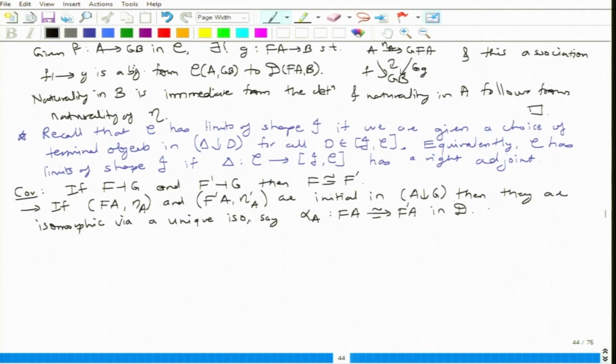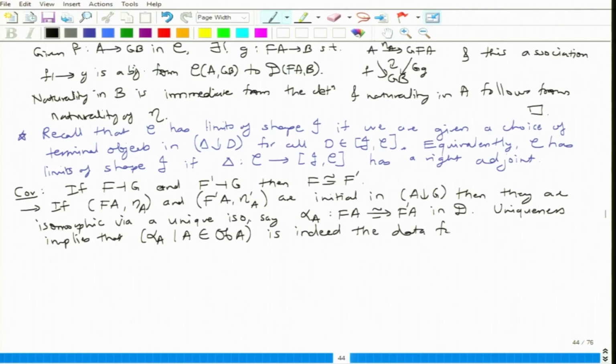So uniqueness implies that alpha A for A in objects of C is indeed the data for a natural transformation.